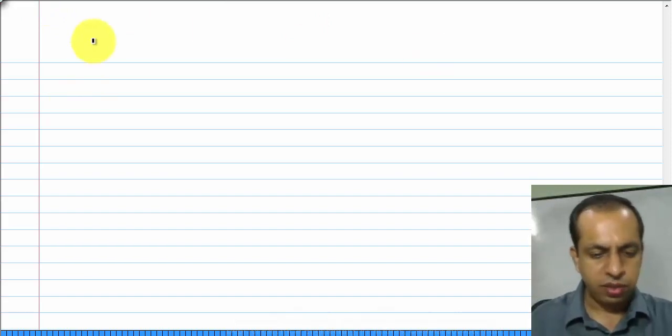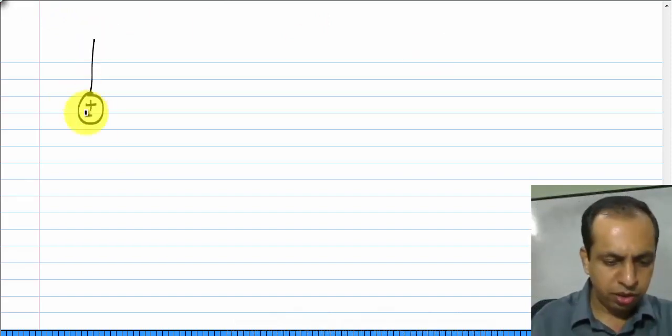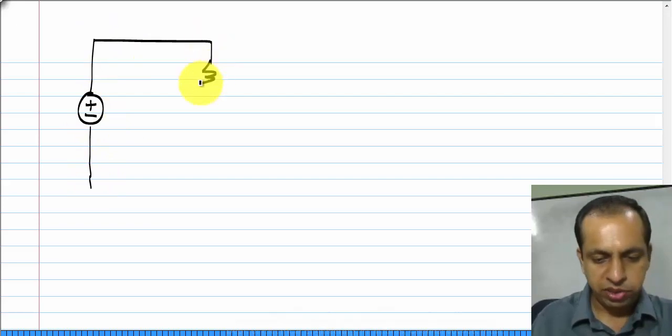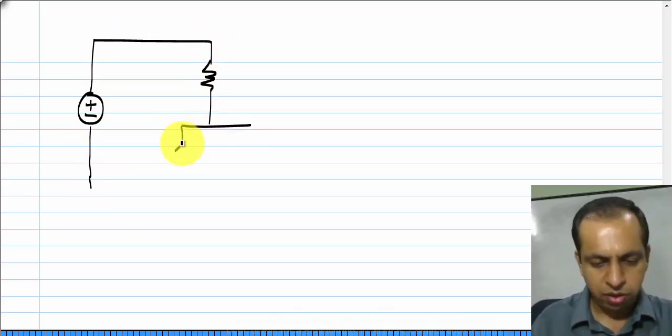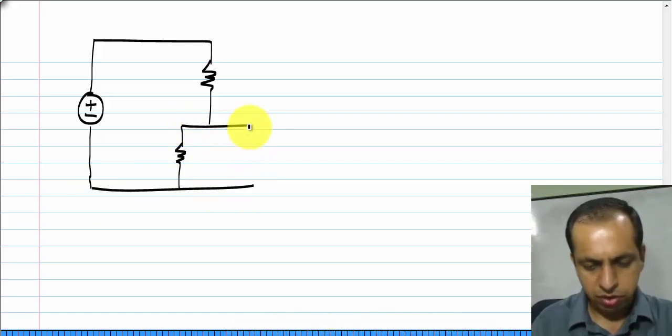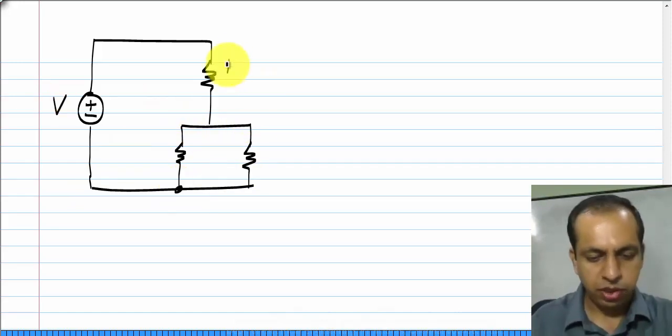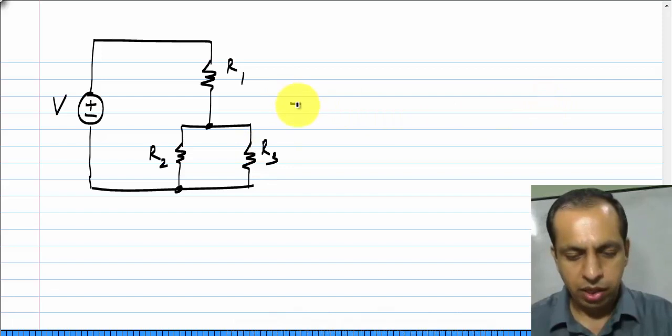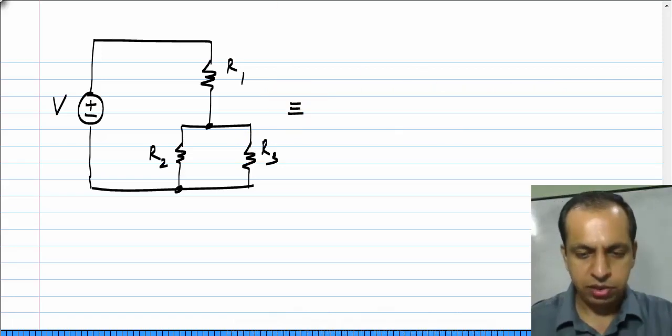Now, next we combine these two aspects together and form a circuit which looks like this. We have voltage V, resistance R1, R2, R3, and R2 and R3 are in parallel.